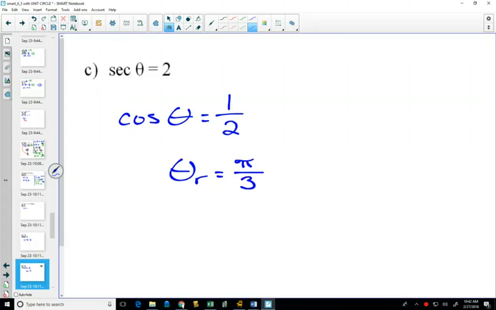Pi over 3 family. And then if cos is positive, that would be in quadrant 1 and quadrant 4.